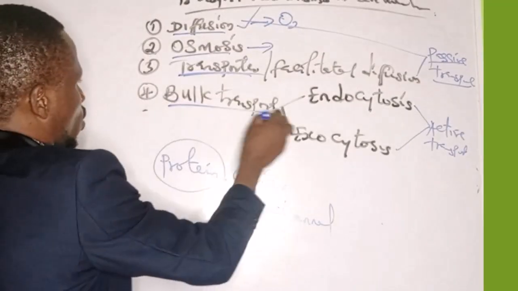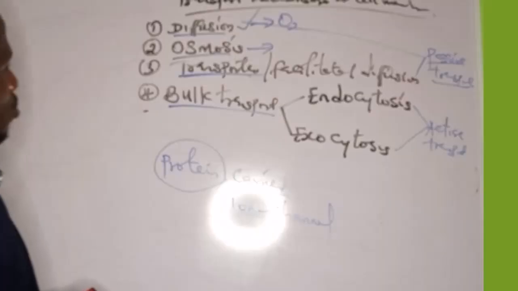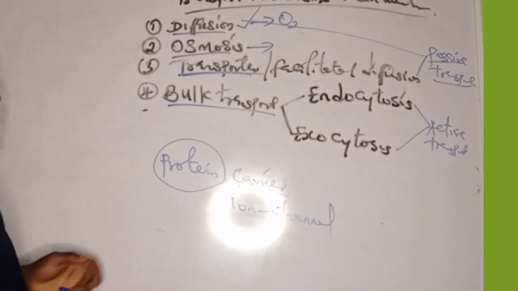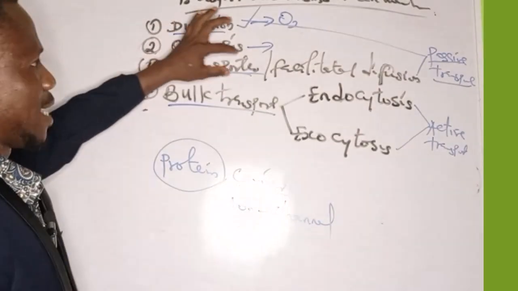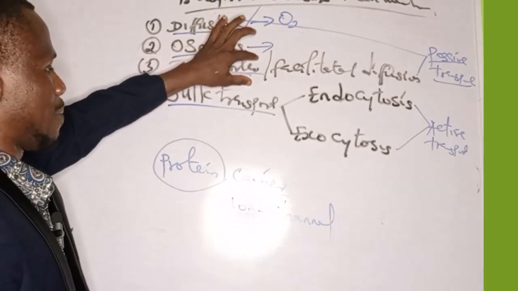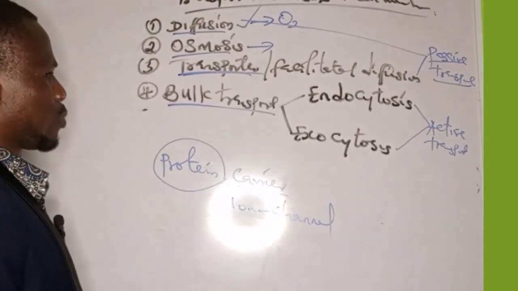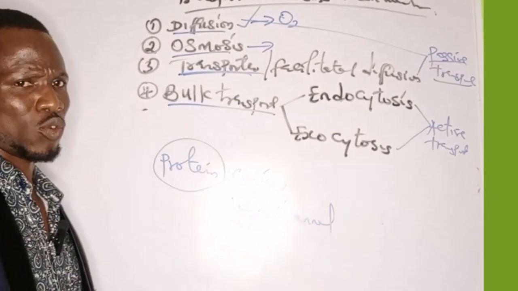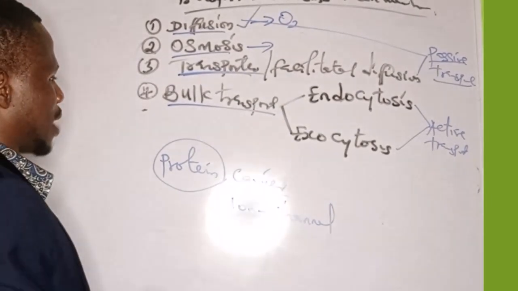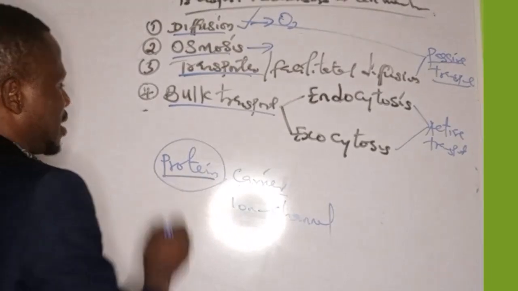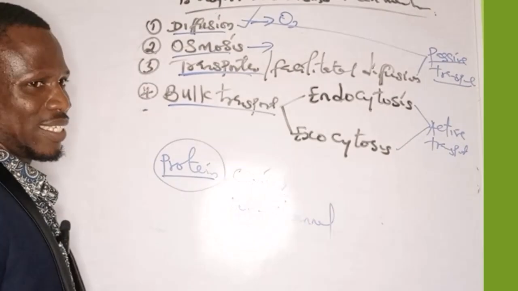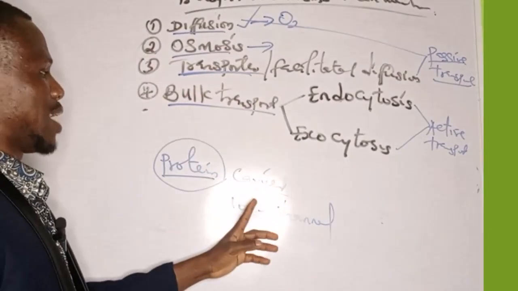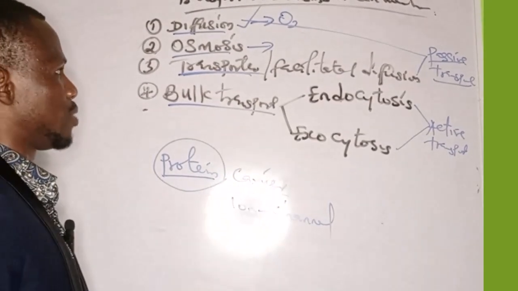In bulk transport, most materials cannot be carried by the transporters. Examples are a lot of microorganisms and large molecules, which cannot be transported by proteins. They cannot bind to the proteins that transport these materials across the cell membranes.